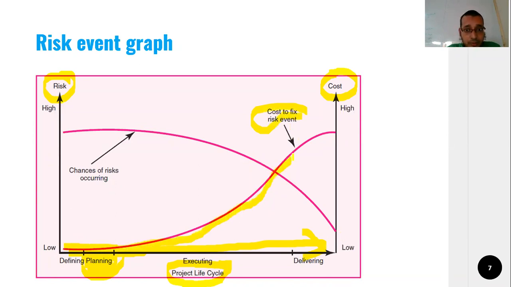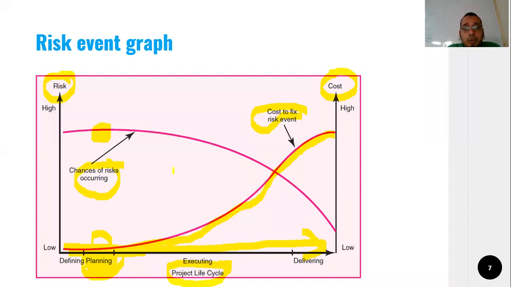If we identify the risk at the planning stage, we see that cost is low, even if the chances of risk occurring are very high.